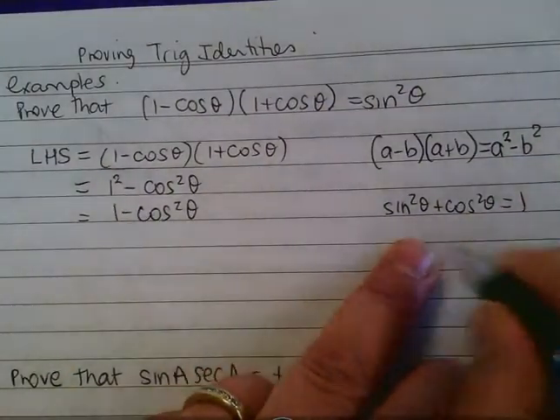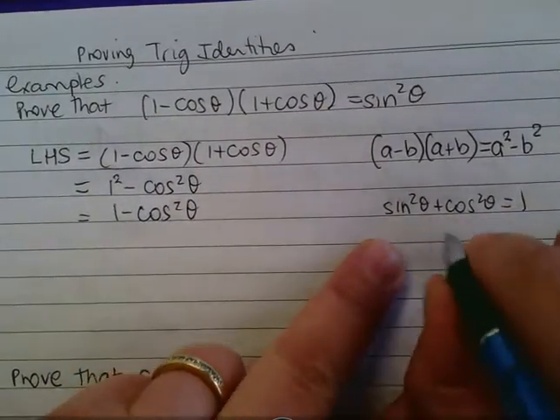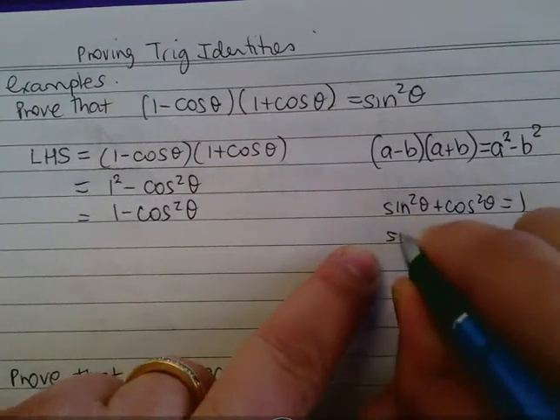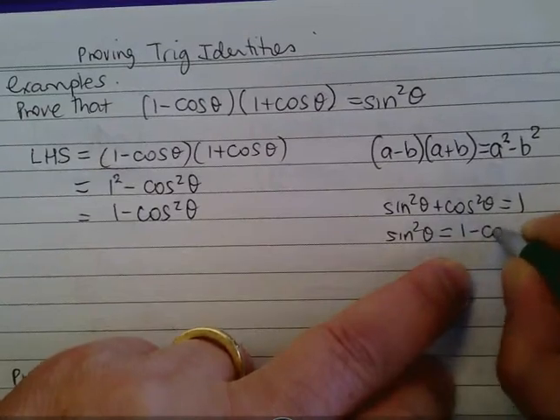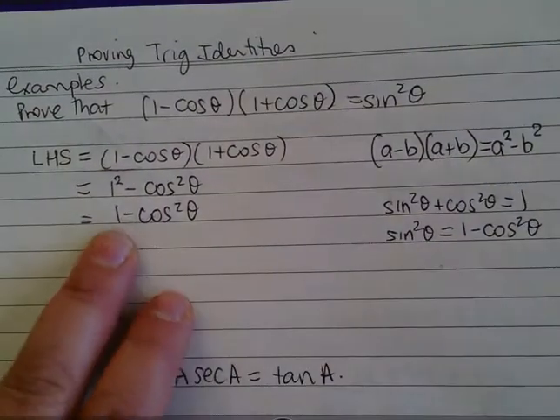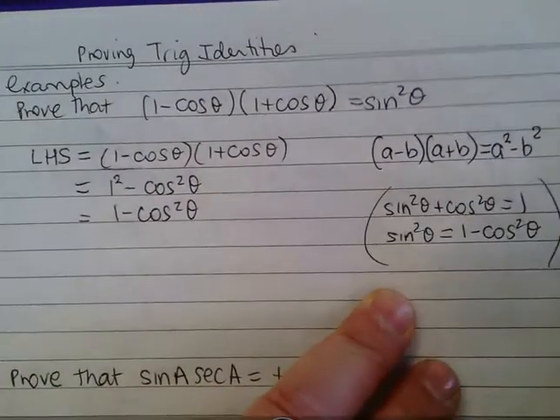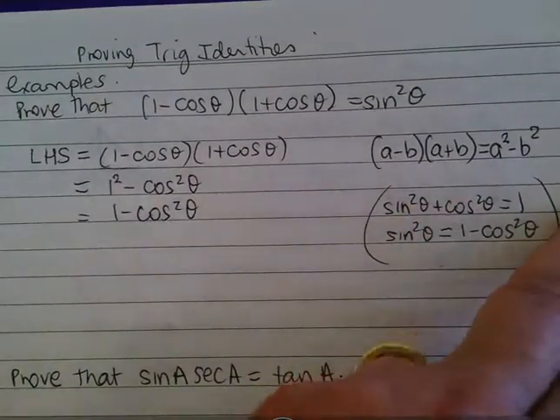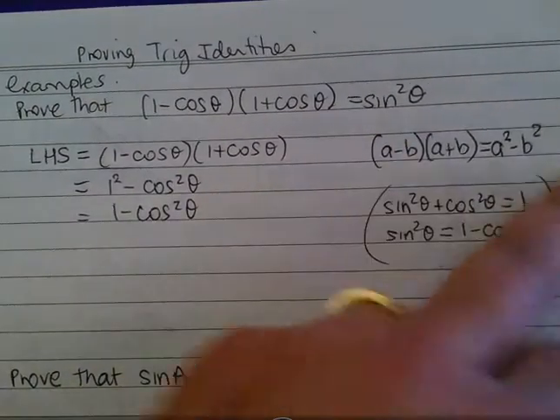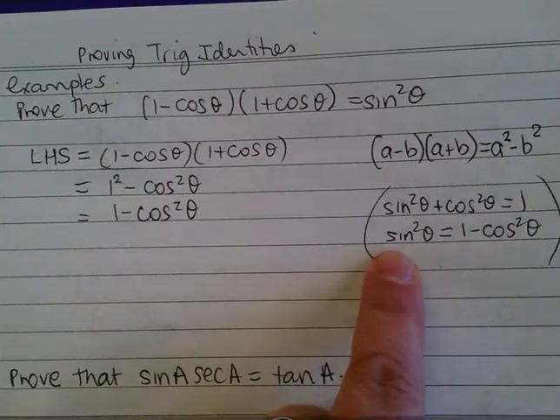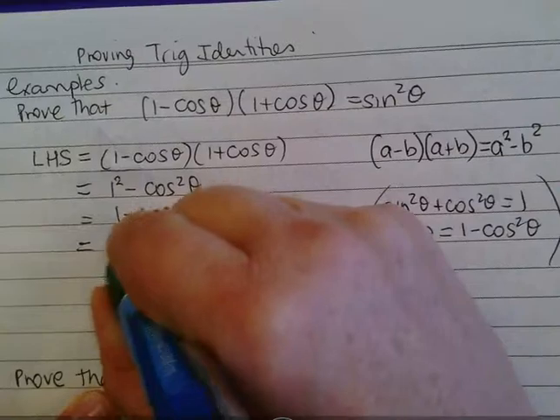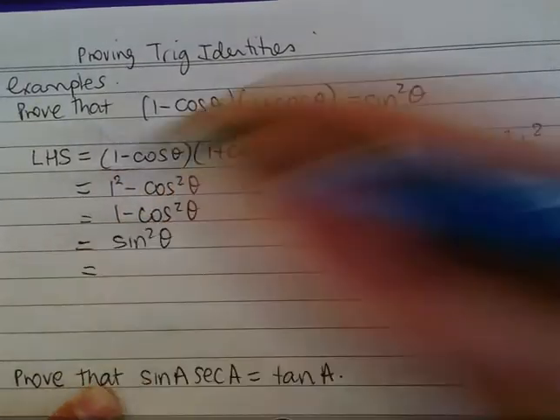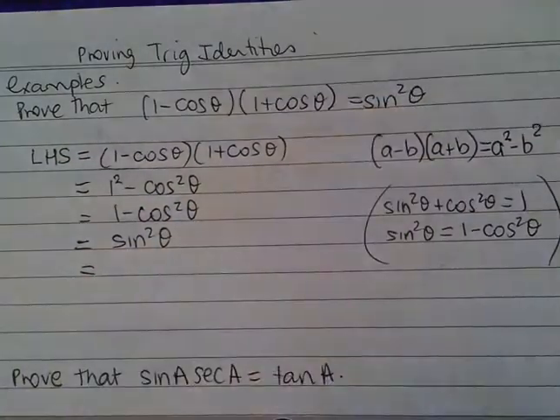And if I rearrange it, what does sine squared theta equal? 1 minus cos squared theta. So on the side I put cos squared theta plus sine squared theta is 1. If I take the cos squared theta over, I can see that sine squared theta is 1 minus cos squared theta. So therefore, this equals sine squared theta, which equals the right-hand side.